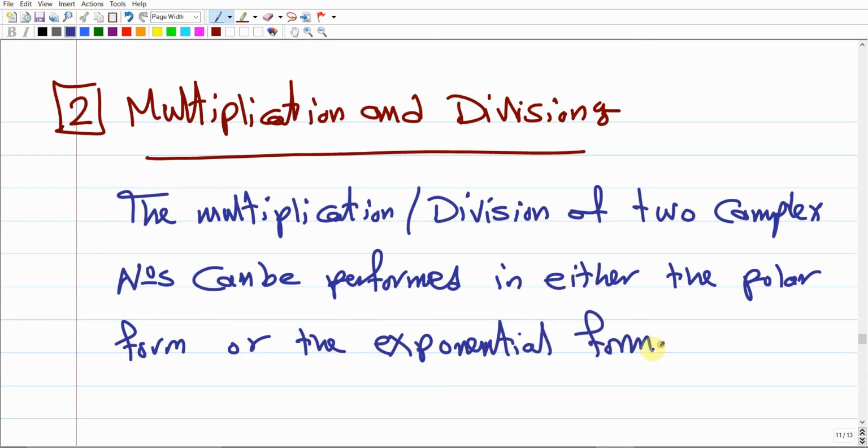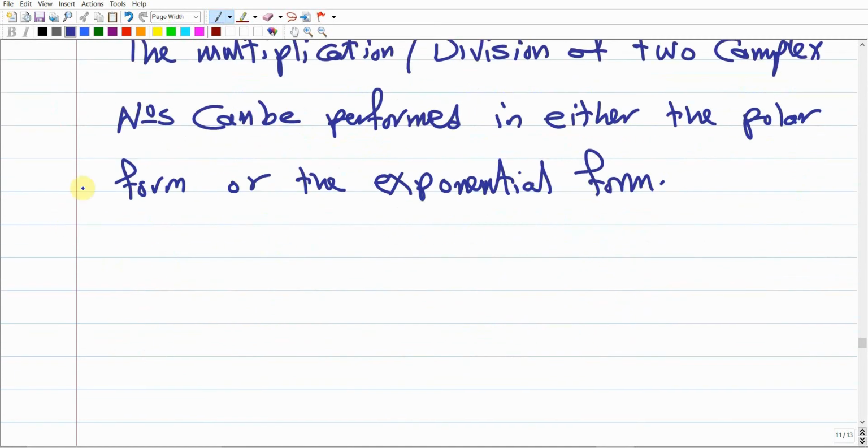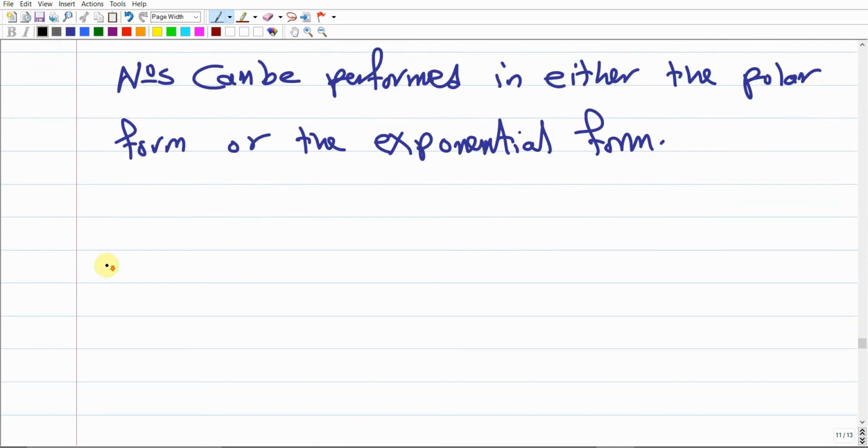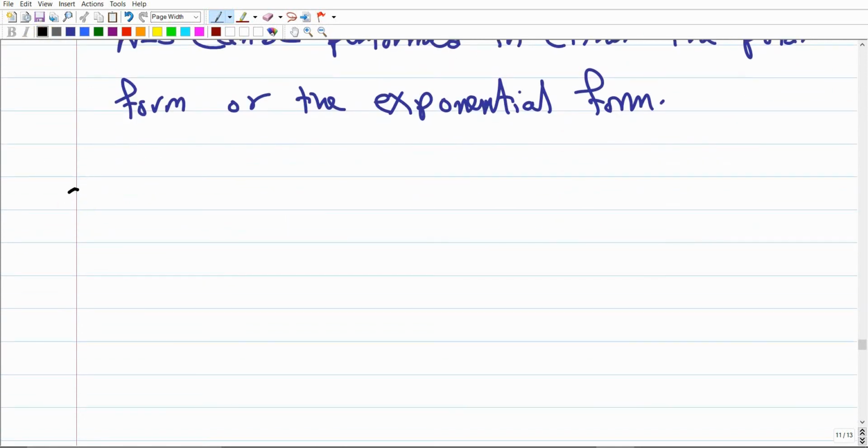Make sense? So for example, let us consider these different examples here. How about let us consider case 1.